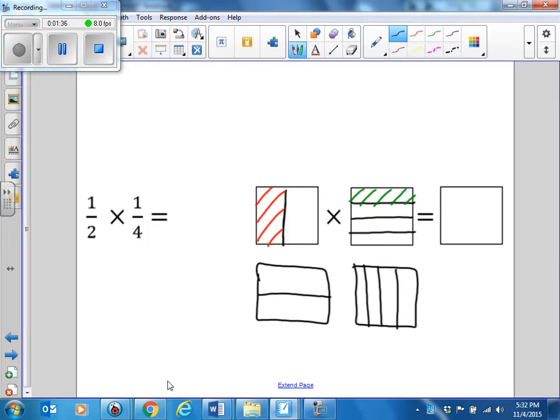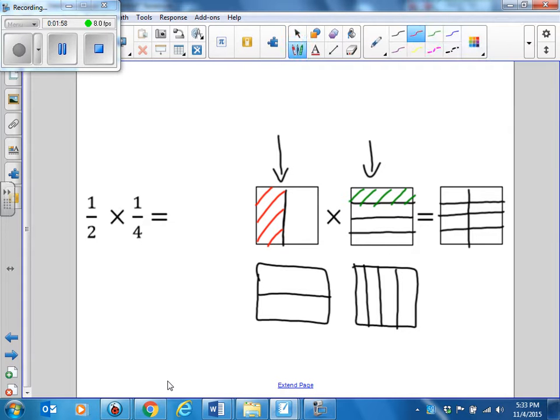Okay, so I'm multiplying a half times a fourth. Now what I'm going to do is combine the two of these. Okay, so I have one line down the middle for here, and then I have 3 lines going left to right for the second one. All right, now I'm going to shade it identically, just like the other one.